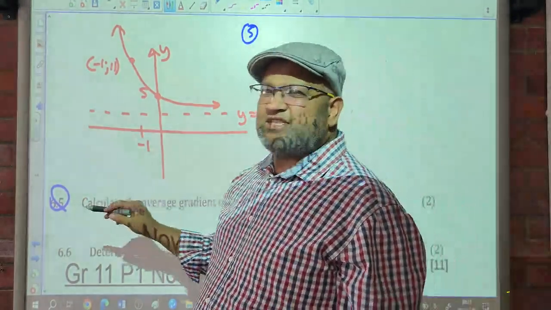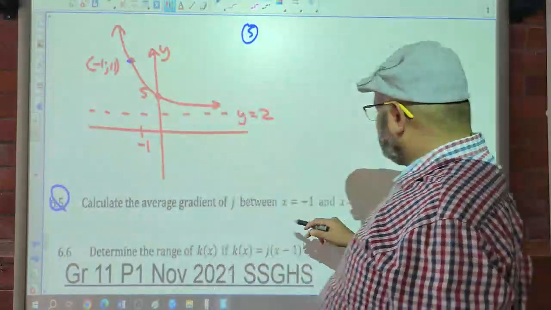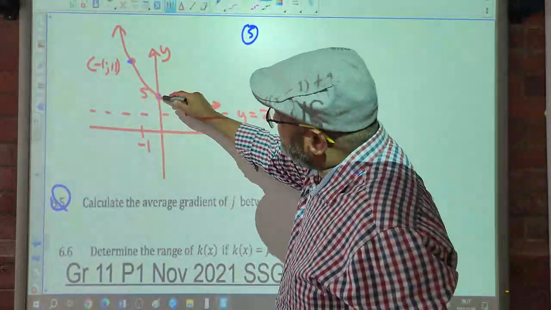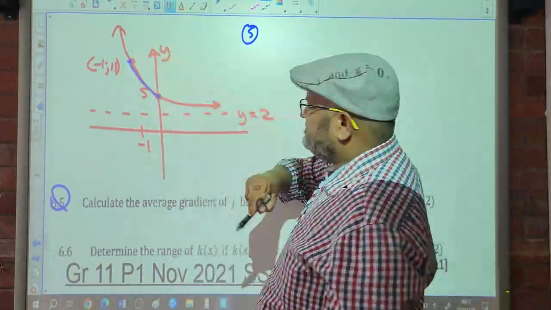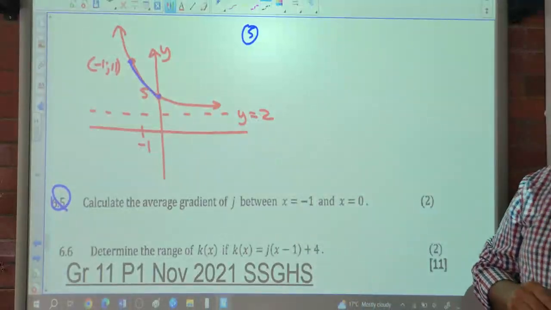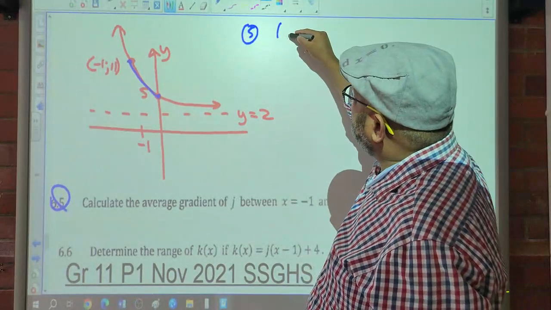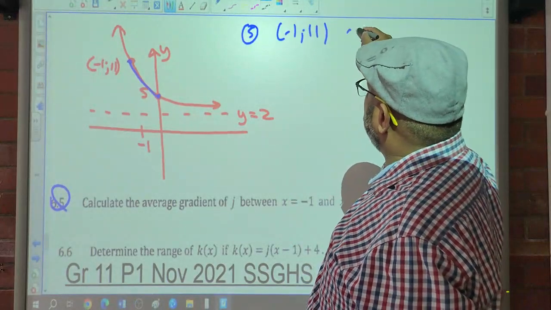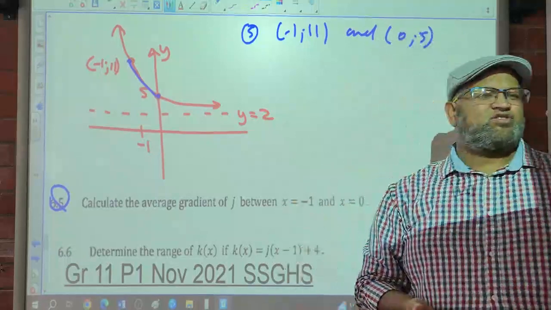So if you look at where x is negative 1, that's the point there. And x equal to 0 is on the y-intercept. So they want you to work out this average gradient here. I don't need to substitute into j because I already have that. So I have negative 1 and 11, and 0 and 5.